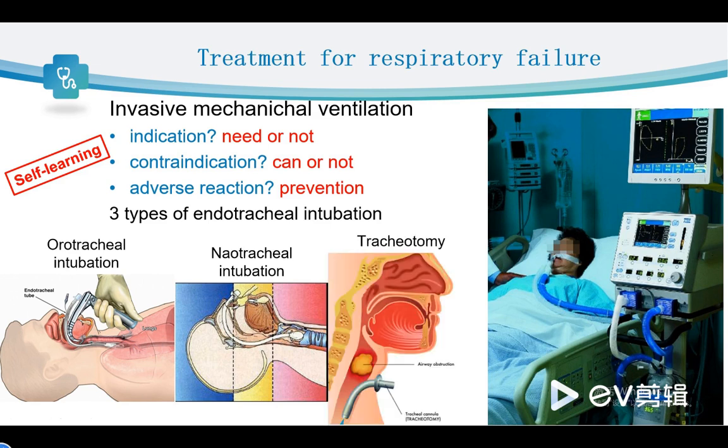The third method of the intubation is the tracheotomy. As the picture showing, we do an incision of the trachea under the thyroid cartilage, and the tube is intubated into the trachea directly through this incision. This method is invasive.